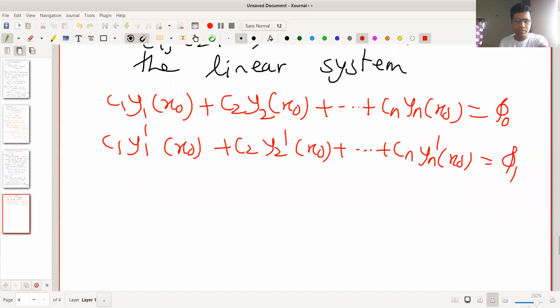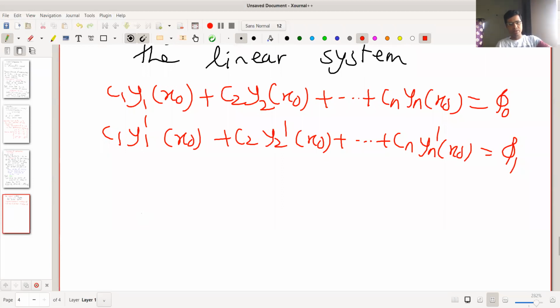So the next equation will be C1 y1 double dash x naught plus and so on plus Cn yn double dash x naught equal to phi 2.